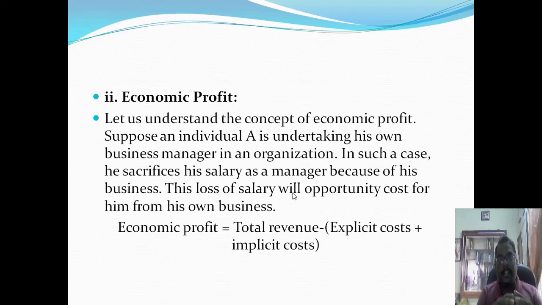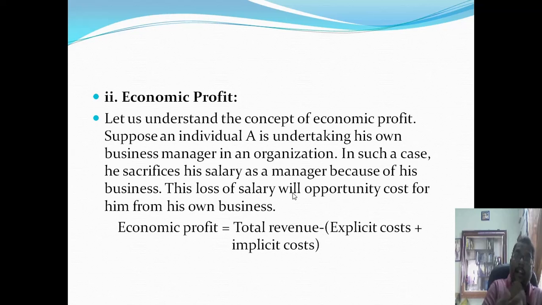So finally, if you want to derive economic profit, the formula is equal to total revenue minus explicit cost, which includes rent, interest, wages, salary and raw material, plus the opportunity cost. So I am approaching it this way. Earlier we discussed what profit is, and it will differ from economist to economist.